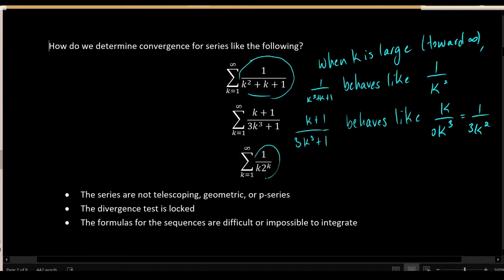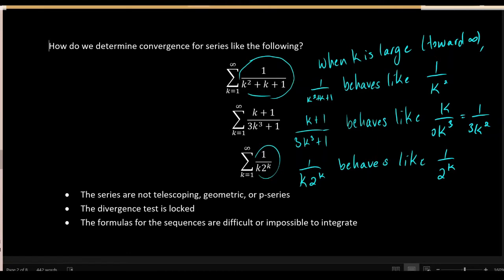And likewise here, when k is large, for 1 over k 2 to the k, the behavior of this is dominated by 2 to the k, because 2 to the k is growing so much faster than k is. The sum of 1 over 2 to the k is a geometric series. So, because that series converges, can we also conclude that our original series converges?